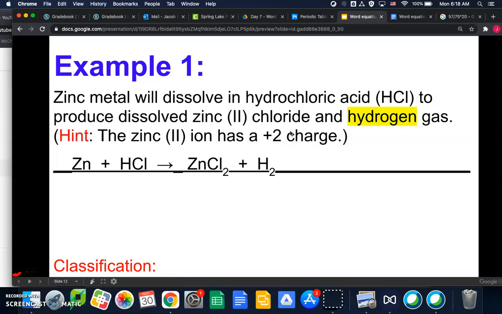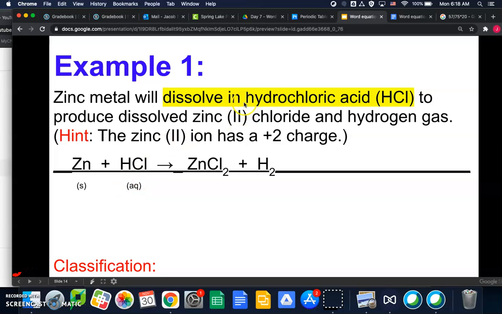Okay, so now let's look at the physical states of all of these. First up, it was zinc metal. Metals are usually solid with the exception of mercury. And so for that reason, it's going to be a solid. Hydrochloric acid, HCl, since this metal is dissolving in hydrochloric acid, remember anytime you're dissolved in water, it's going to be aqueous.